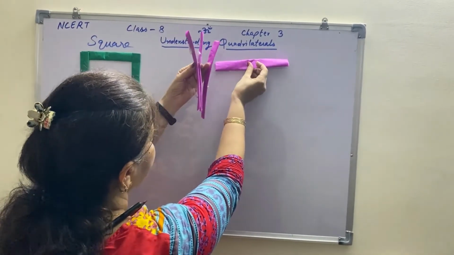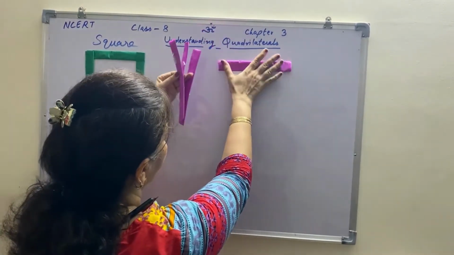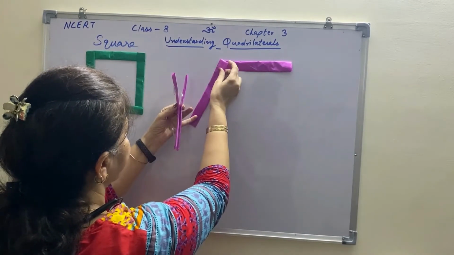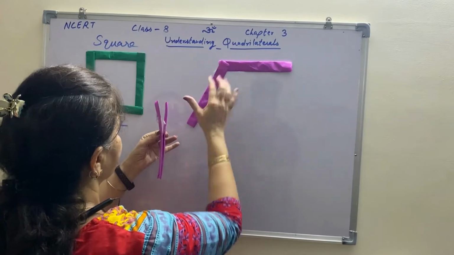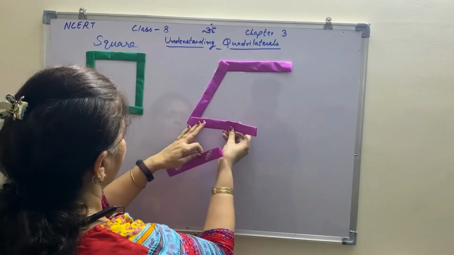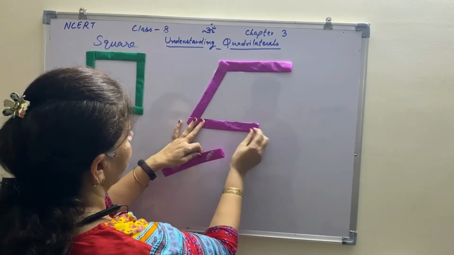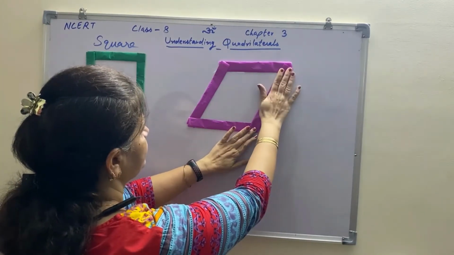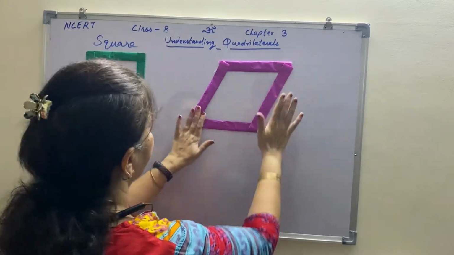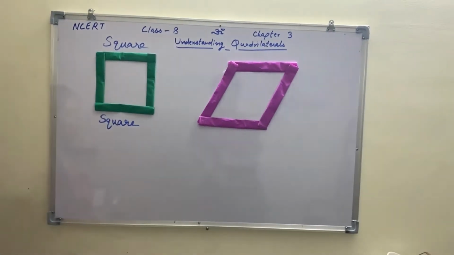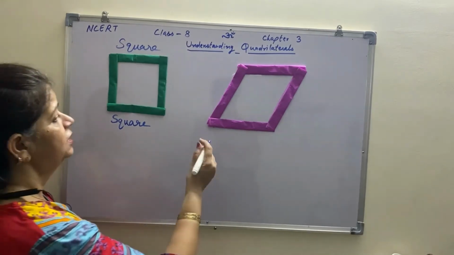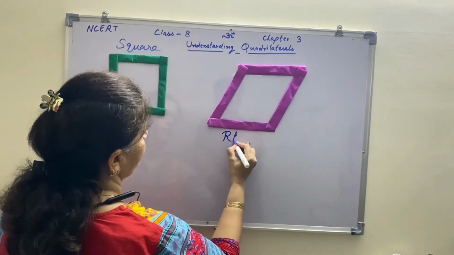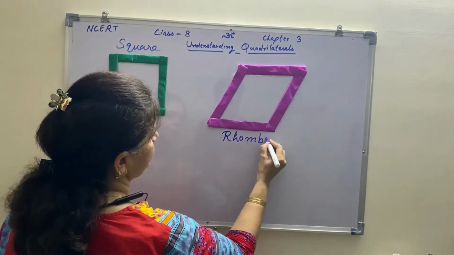I have placed a stripe here, then another I am not placing at a 90-degree angle. I have placed it like this, and the third like this, but they are all equal in length, and the 4th stripe like this. Here also all the 4 sides are equal, but this is not a square, and this is another quadrilateral which is a rhombus.